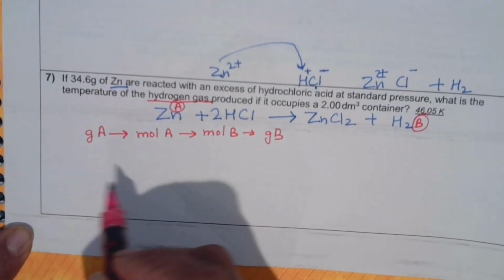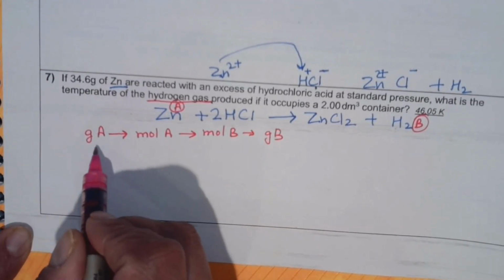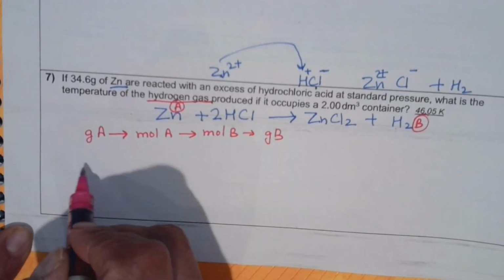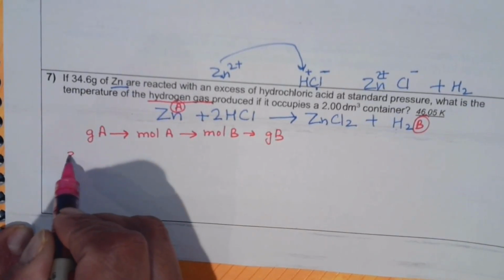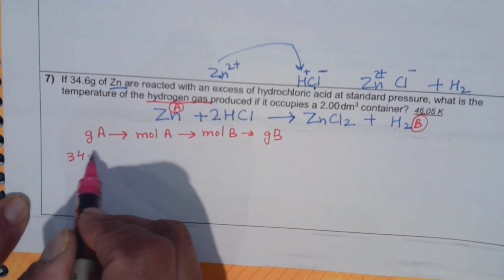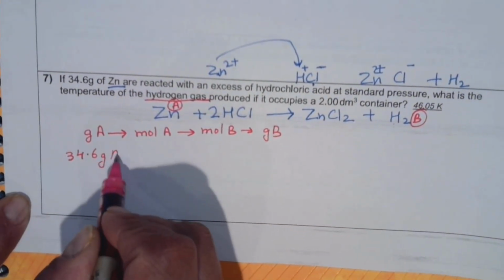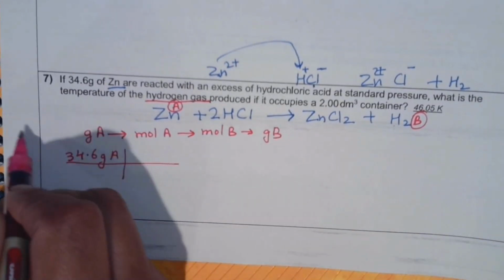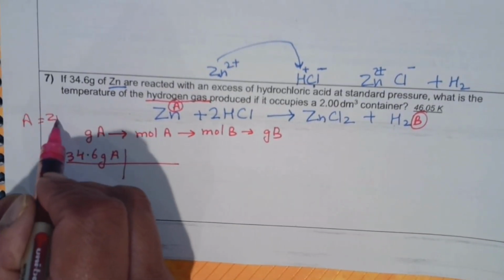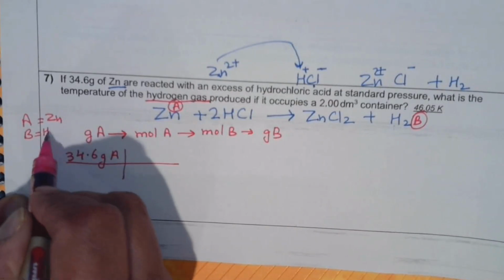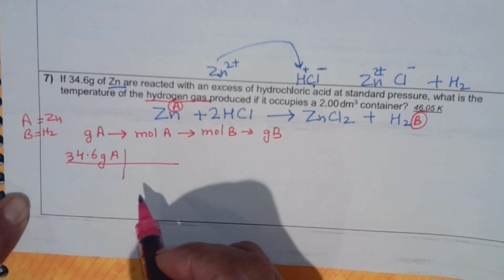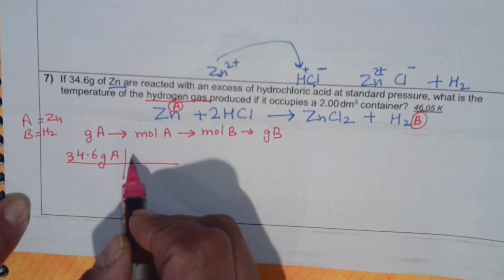Okay. So let's first solve for moles of A. You start with 34.6 grams A, that is zinc. So A is zinc and B is H2. Convert that into moles of zinc.